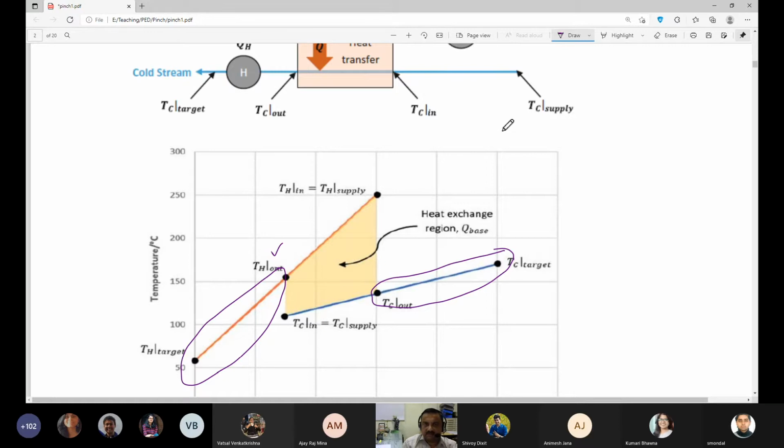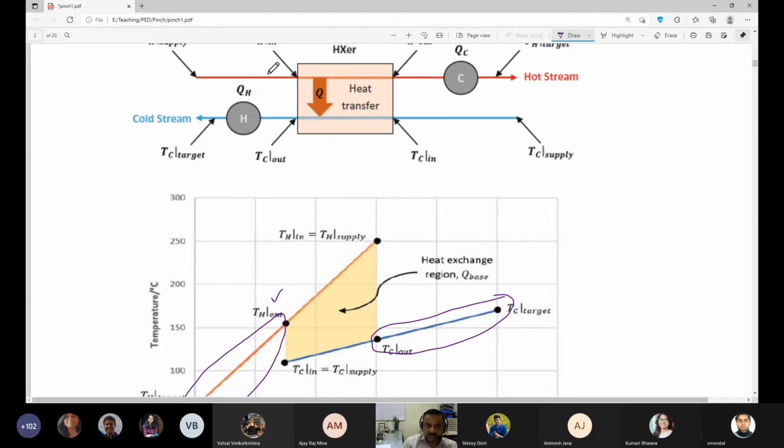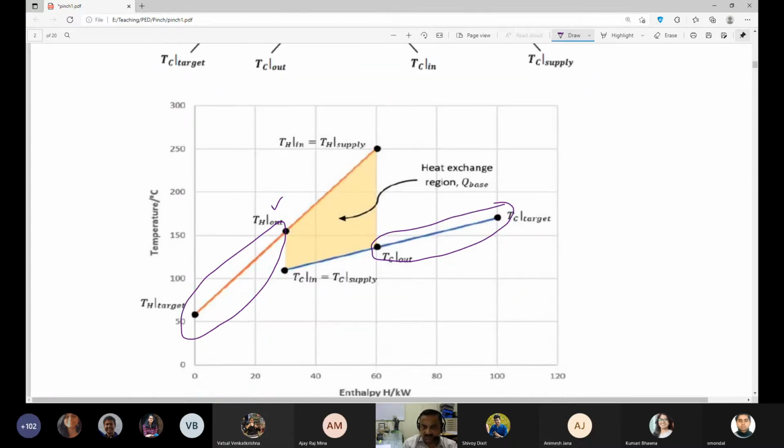And the cold stream, in a very similar way, has the supply which is the same as TC in. So TC supply is TC in, and then you have TC out from the heat exchanger, and then you apply the steam, providing this heat. So you are providing QH amount of heat, so many kilowatt, because the x-axis is in kilowatt.